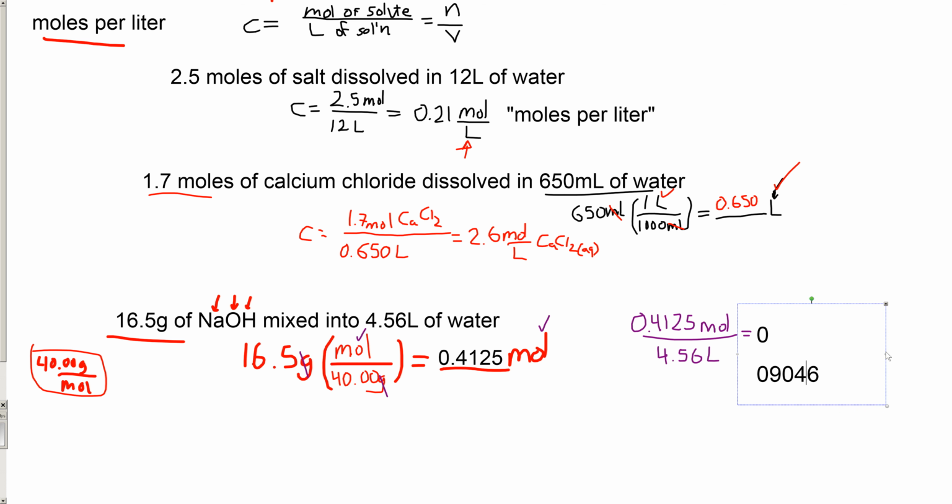So it is 0.09046, and our unit, because nothing has canceled out, is moles per liter. Always a vertical fraction, never a little slash. The slashes are bad. Nobody likes them. If you like them, you're wrong. You should not like them.